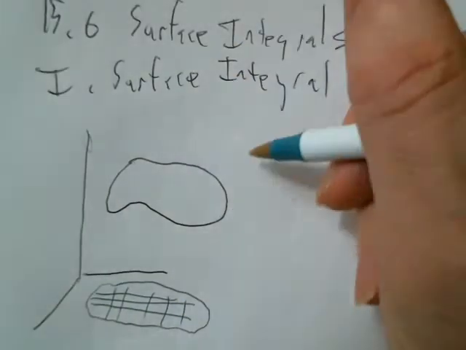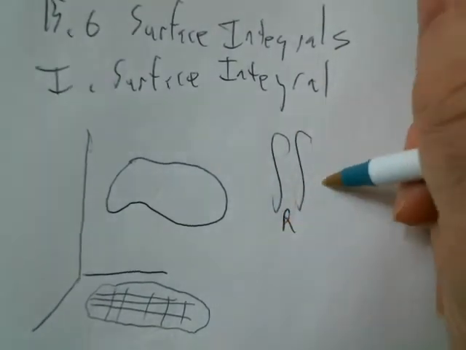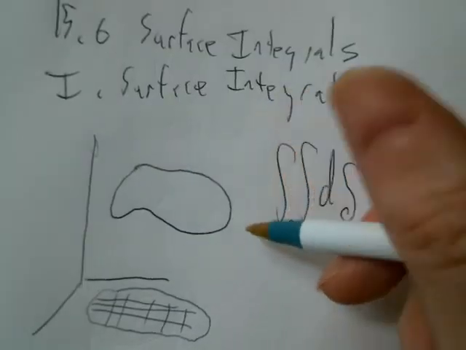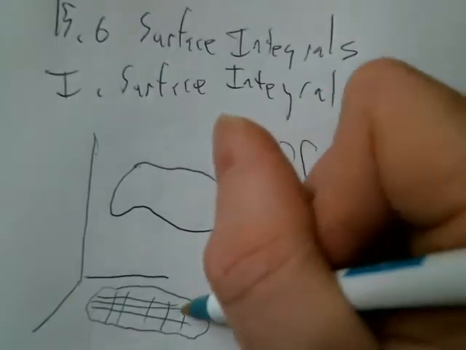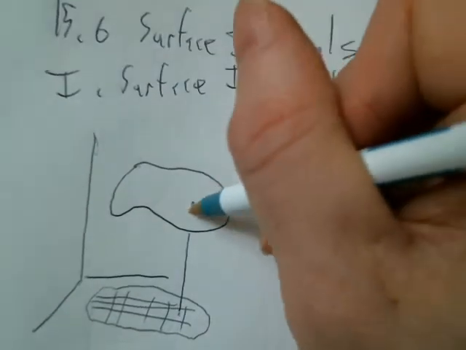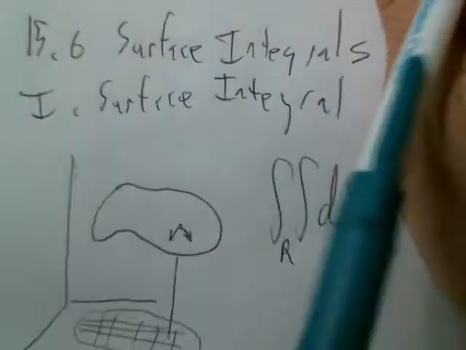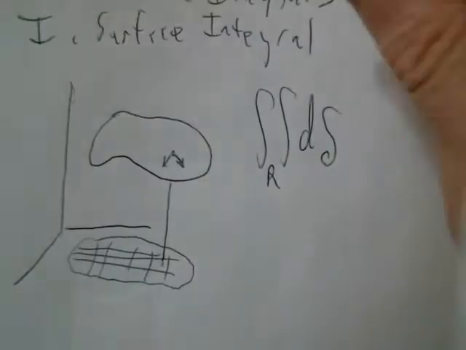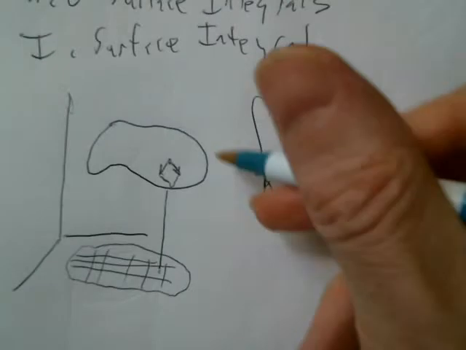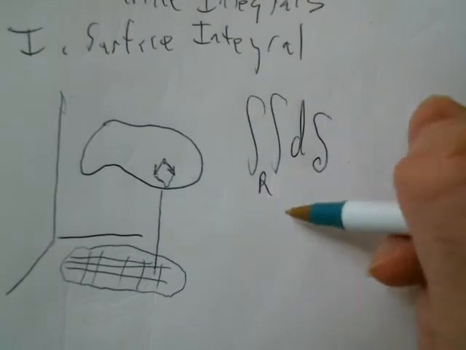For the regular surface integral, the double integral over this region of dS, giving us the surface area, we were adding up a bunch of little surface area increments. We would take that point and look at the size of the tangent plane to the surface at that point, which we get by doing a cross product, and then sum up over the surface all these little tangent planes.